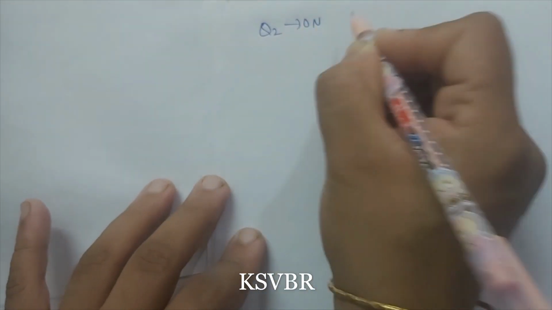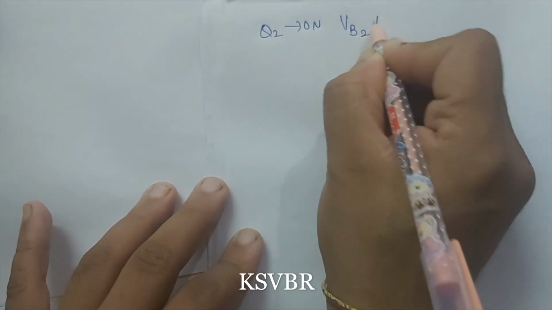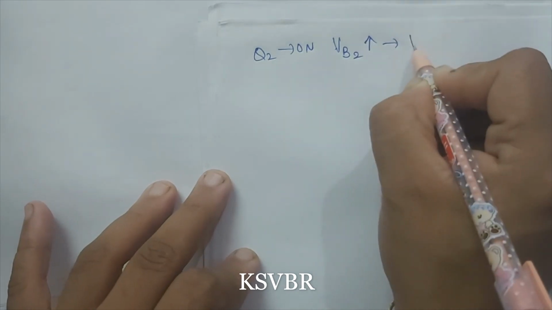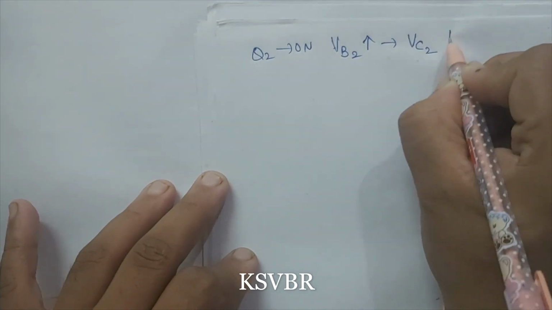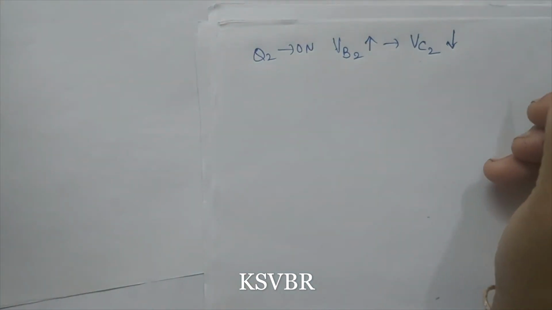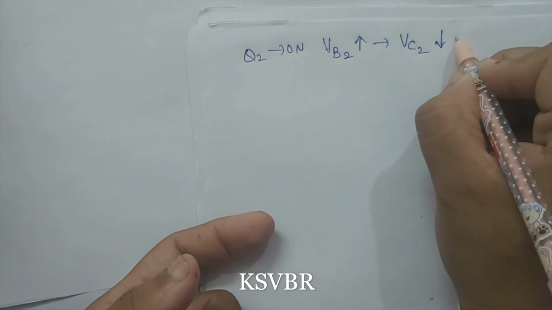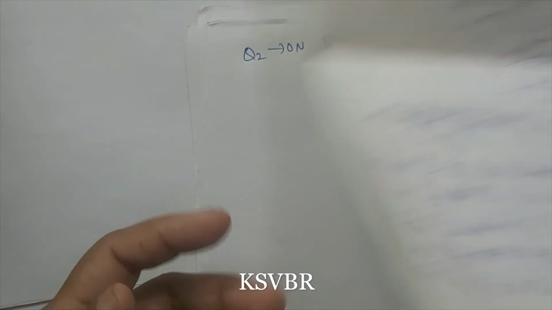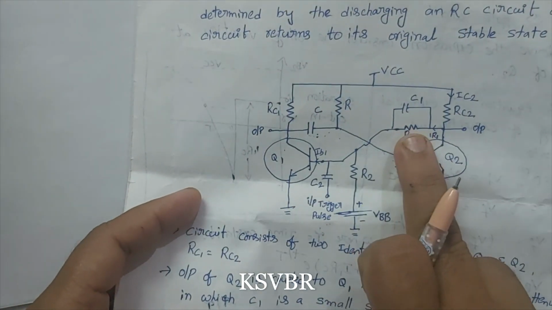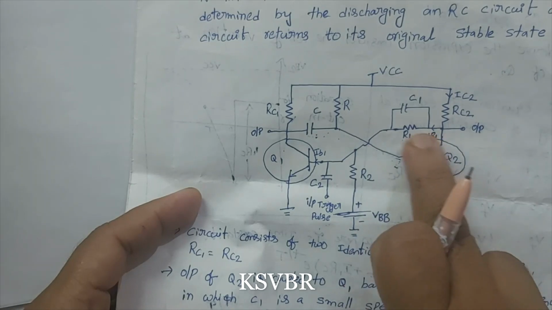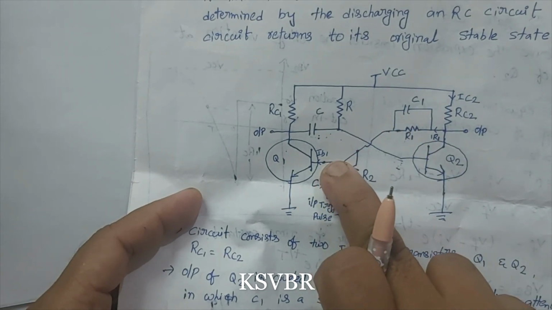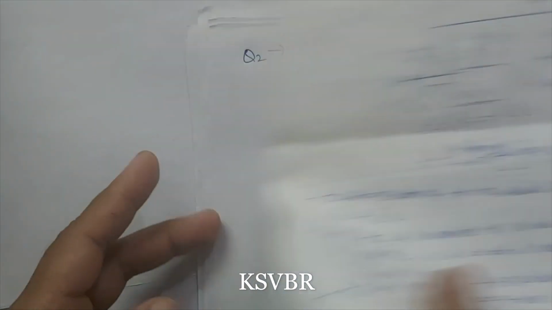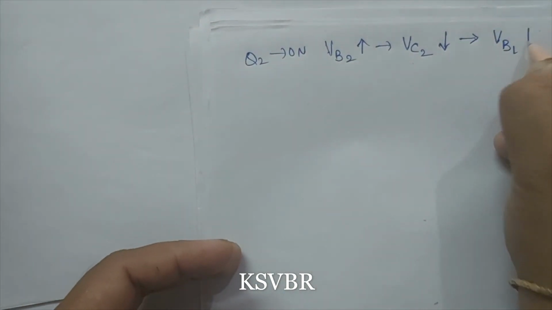Q2 is on, that means VB2 increased. Whenever VB2 increased and Q2 is on, what happens to VC2? Automatically VC2 decreases. When VC2 decreases, because of this crossing network connecting base 2, base 1 and C2, the voltage VB1 also decreases.